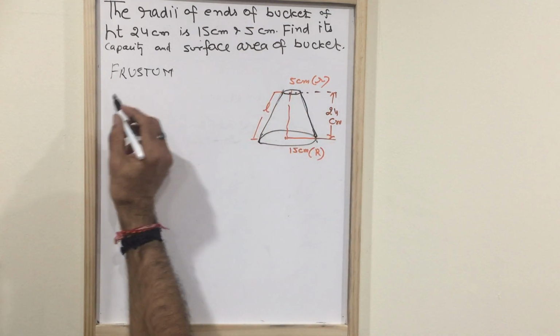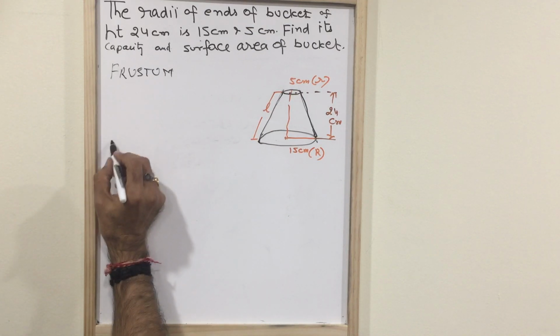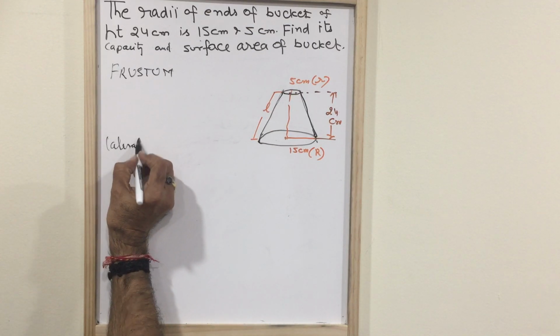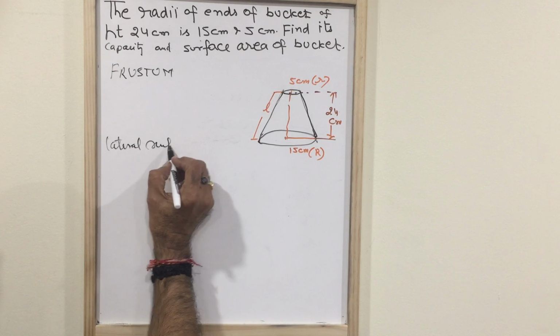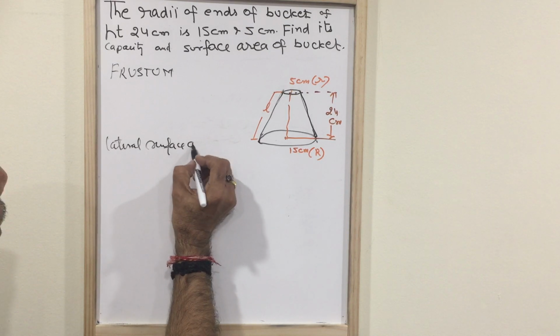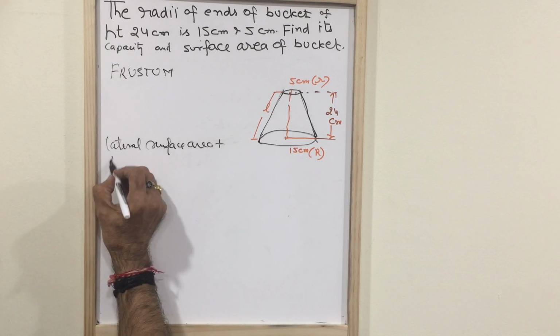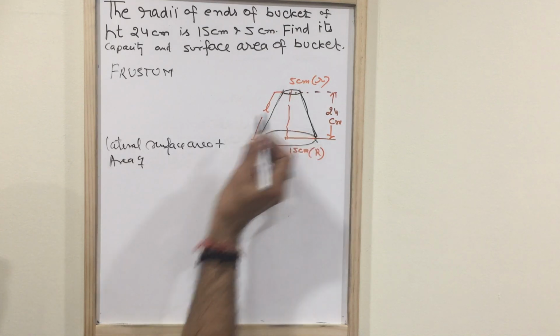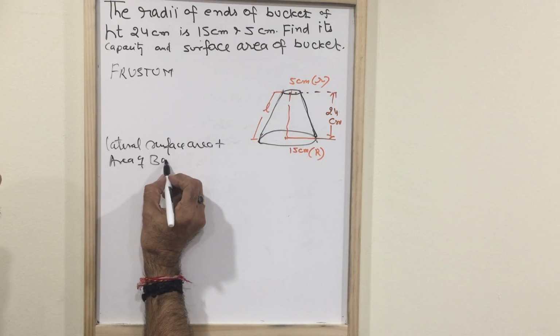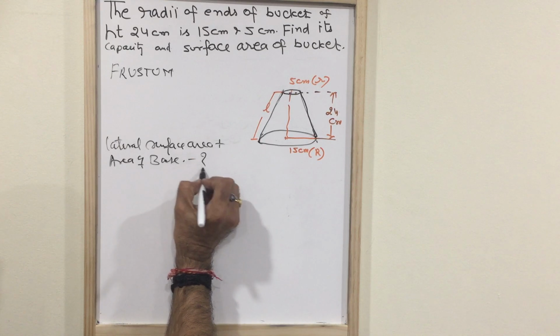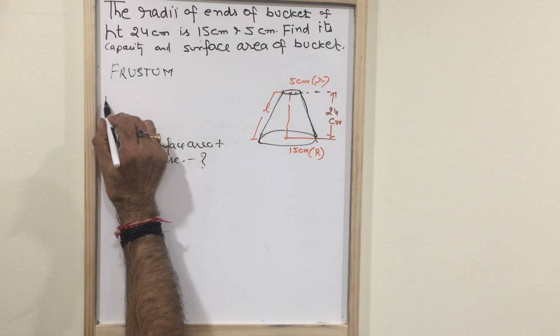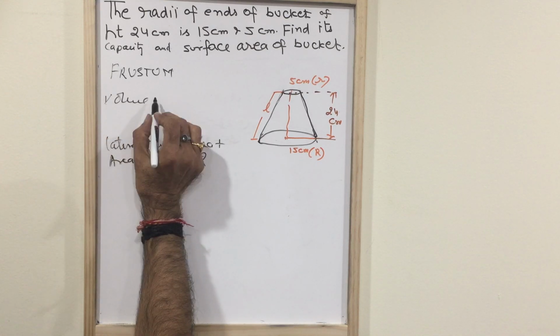That's why we have to find the lateral surface area plus the area of the base. That is one thing. Second, we have to find the volume.